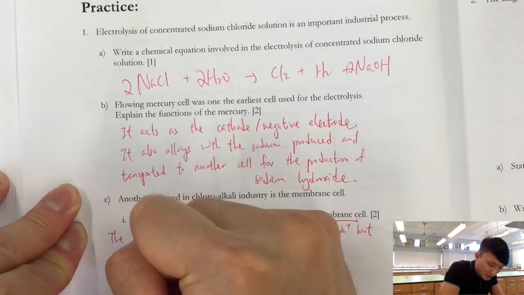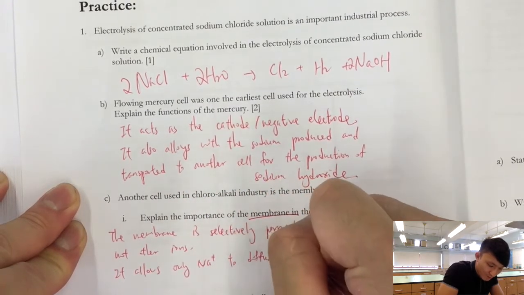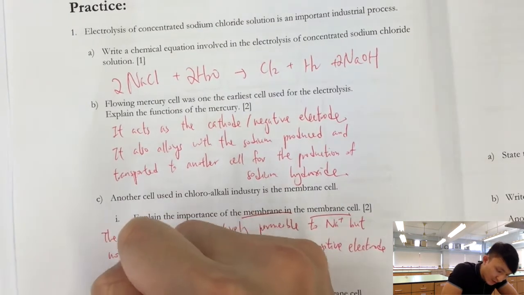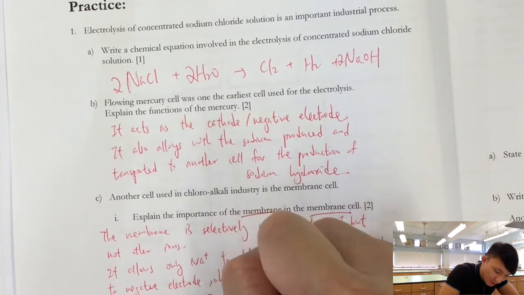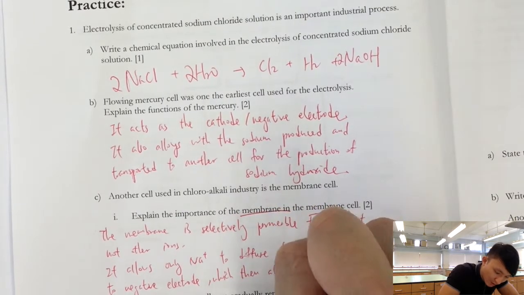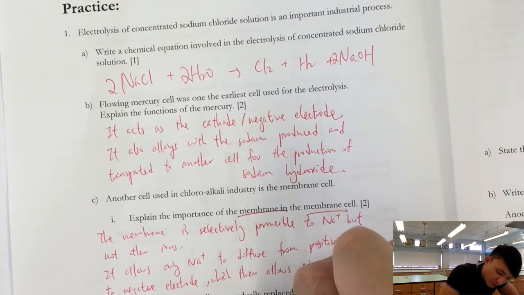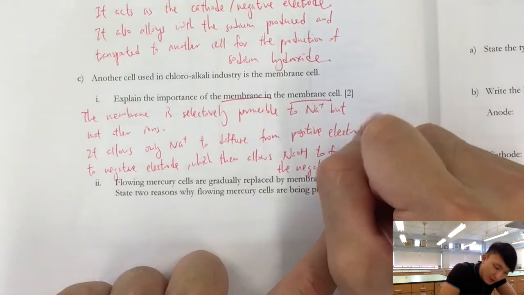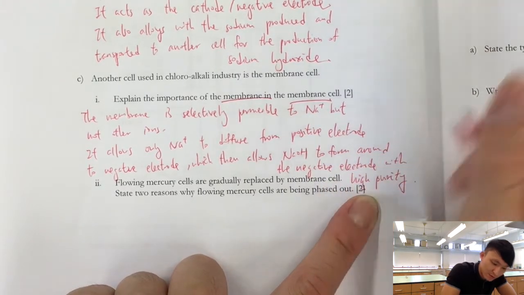So it allows only sodium ion to diffuse from the positive electrode to negative electrode, which then allows sodium hydroxide to form around the negative electrode with high purity.